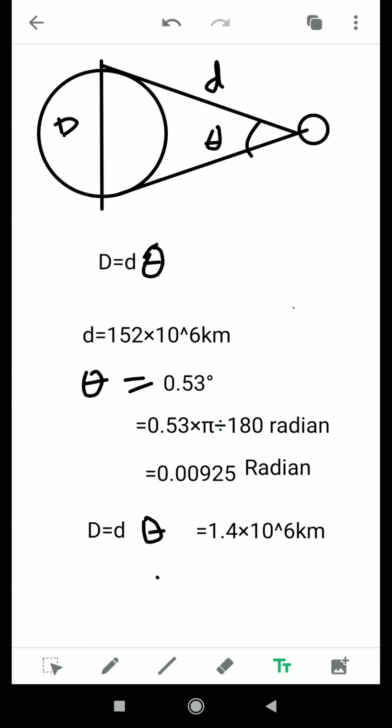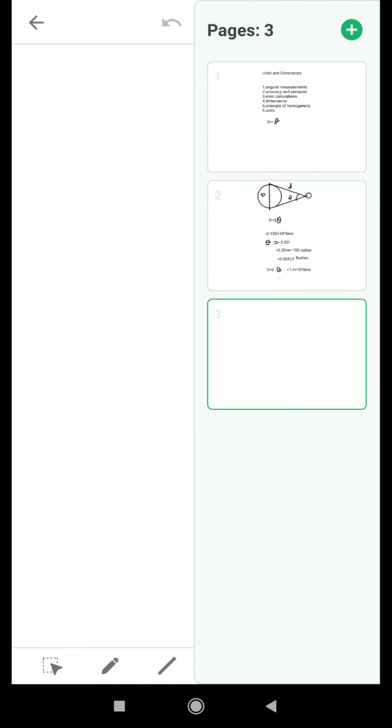Now I want to teach you about accuracy and precision. Suppose 3 students A, B and C have done one experiment 3 times each. Remember, it is one experiment, and each of them has done this 3 times. So there are 9 times they have done that one experiment.